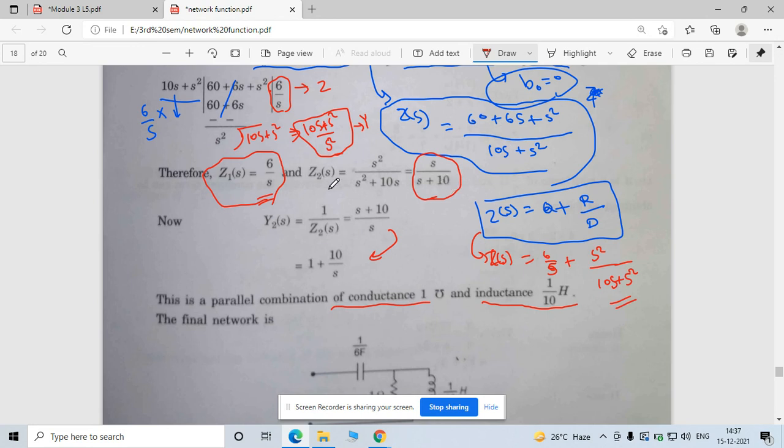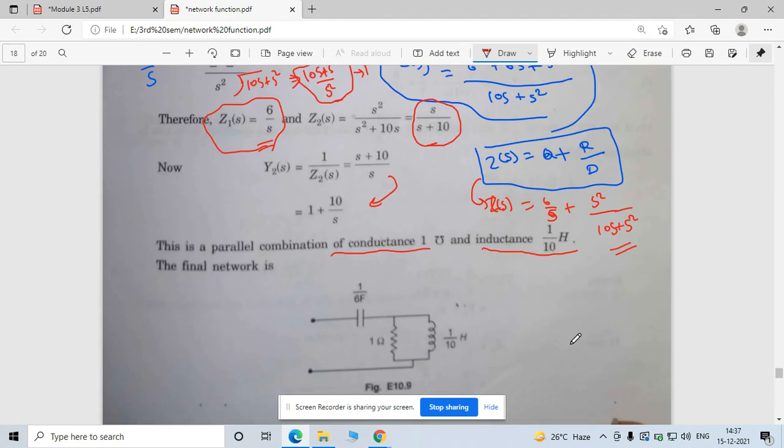But if you consider Z2 of s, now you can observe that when you take the reciprocal, you can further separate this equation into two parts. That's why we take the reciprocal of this term, or you can say take the admittance of this function. Once you get the admittance, you can easily represent this admittance function in this format.